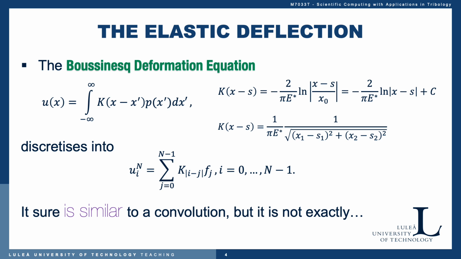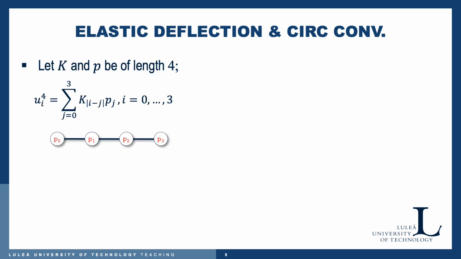So it is similar to a convolution, but it's not exactly the same as a circular convolution because of that absolute value between the indices.